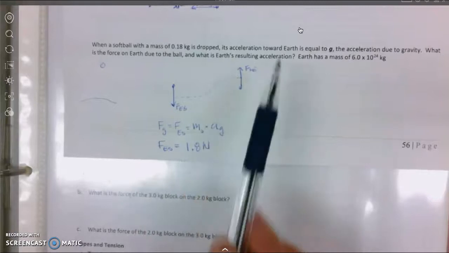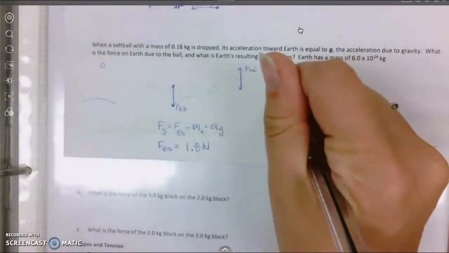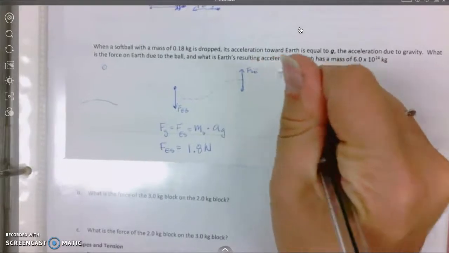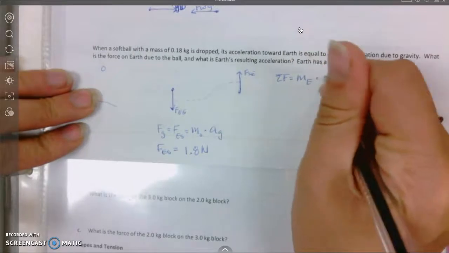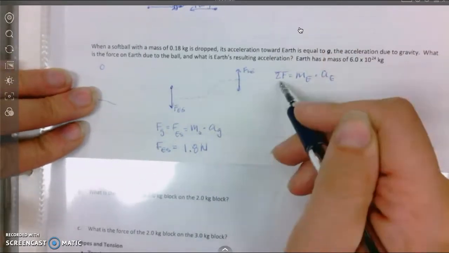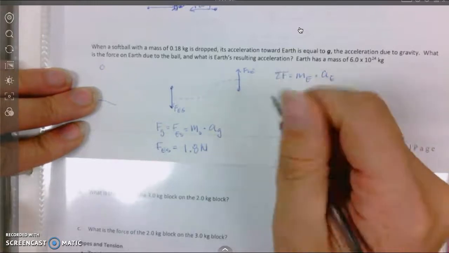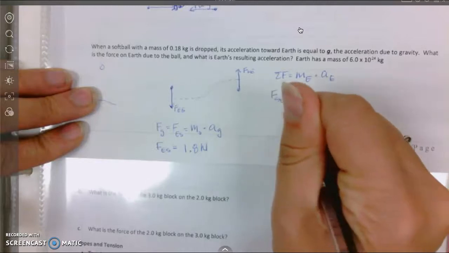resulting acceleration? Okay, well, here, sum of the forces is equal to mass of the Earth multiplied by the acceleration of the Earth, right? And the only force in this situation acting on the Earth is the force of the softball on the Earth.